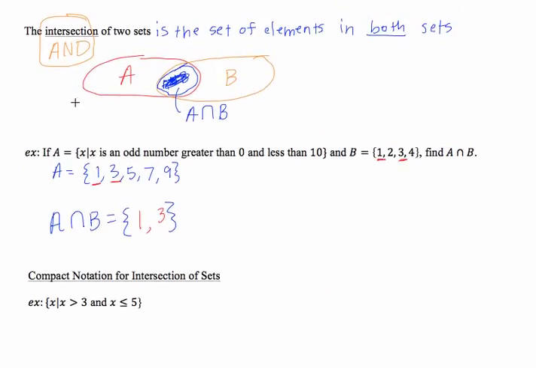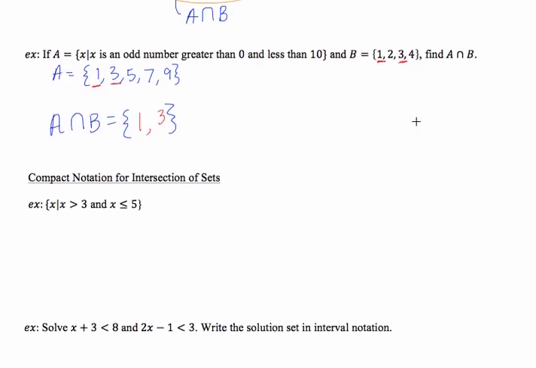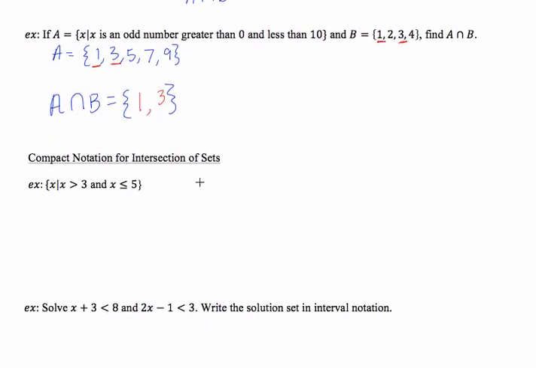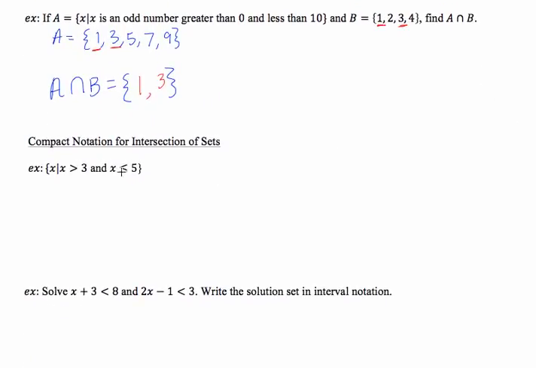So for example, say we want to discuss the set of numbers x such that x is greater than 3 and x is less than or equal to 5. First let's draw that on a number line. Now remember, both of these inequalities have to be true, not just one or the other, but both.